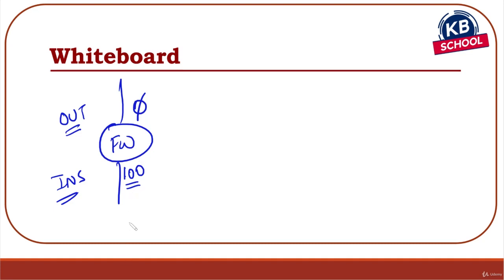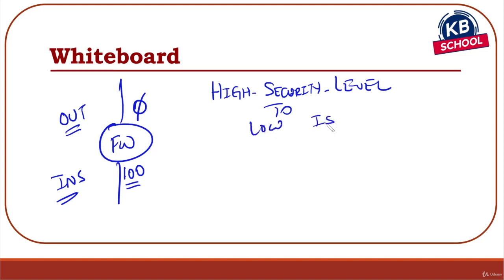But now what traffic will be allowed to go through the firewall by default? Now by default, all traffic going from a high security level interface to low is allowed.